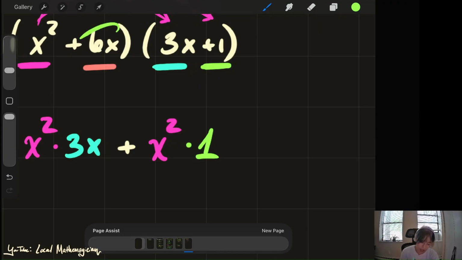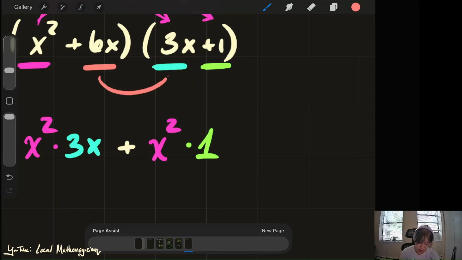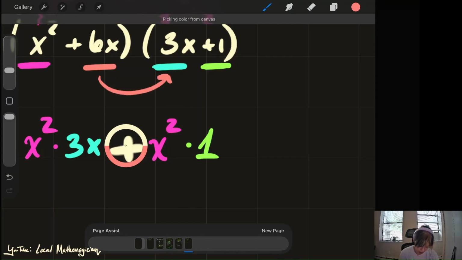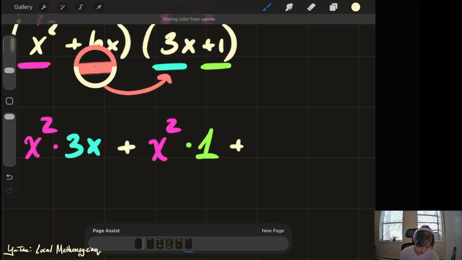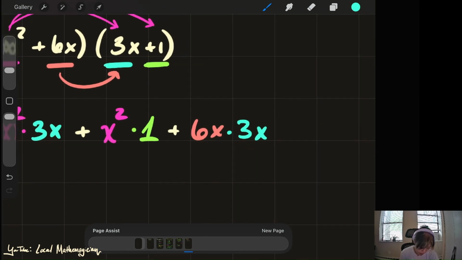Now we'll work on the second term, the orange term. What are the combinations? You'll have plus 6x times 3x, and you'll have plus the term 6x times 1. Of course, you don't have to start with pink.